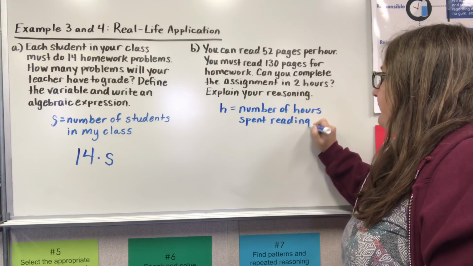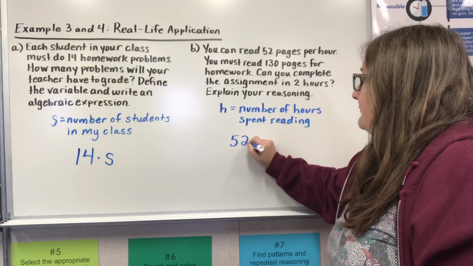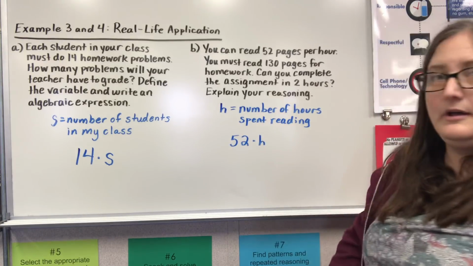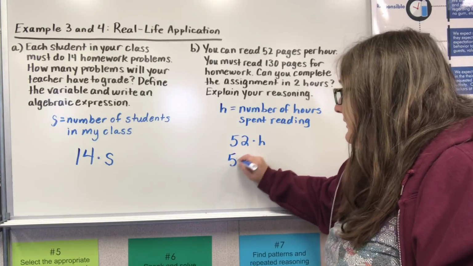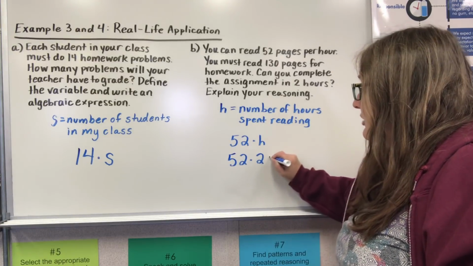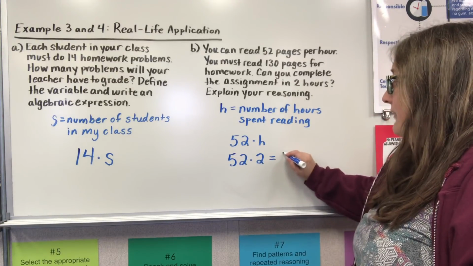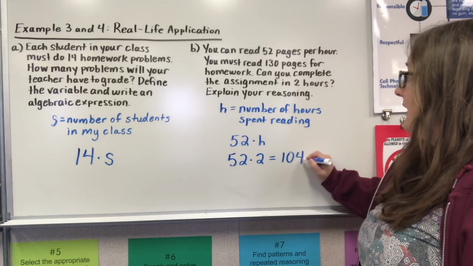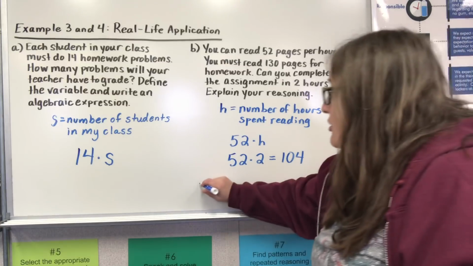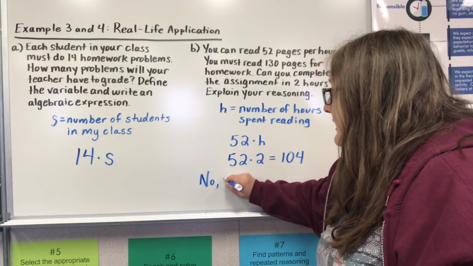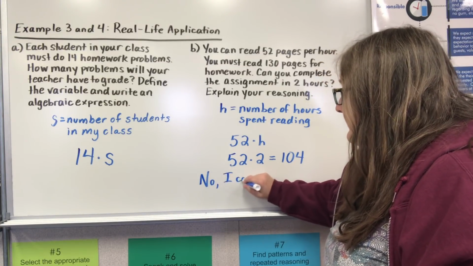So I can do 52 times H. Okay, now I only have 2 hours to read, so I'm going to put in 2 for my H. And that gives me a total of 104. Well, I need to read 130. So I'm going to say no. I'm going to explain no. I can't get the reading done.